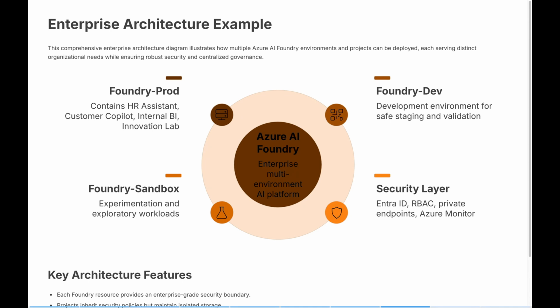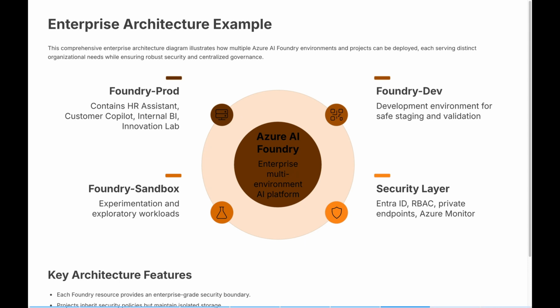For example, the Azure Assistant, which handles sensitive employee data, is configured with strict isolation, private endpoints, and network restrictions. Only Azure administrators have access to this project through role-based access control. The Customer Copilot is customer-facing and built to scale. It uses global standard deployment for high throughput and dynamic routing across Azure's global infrastructure.